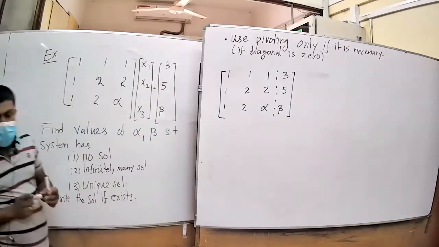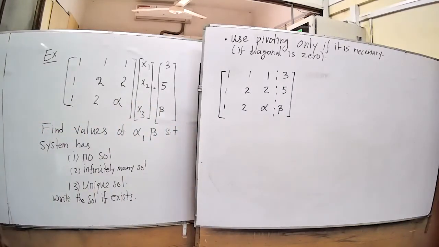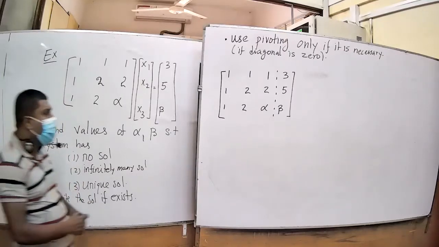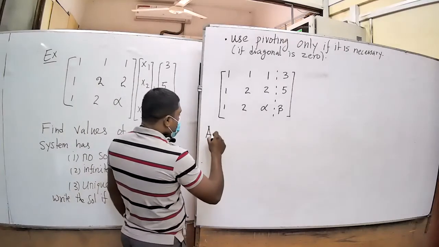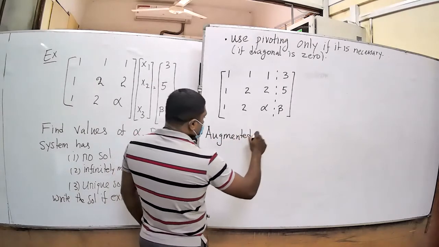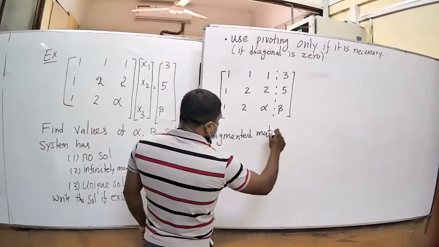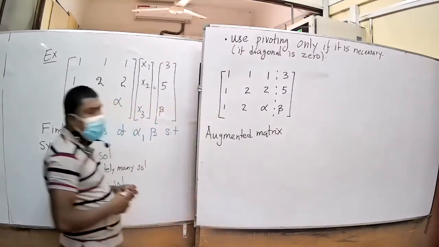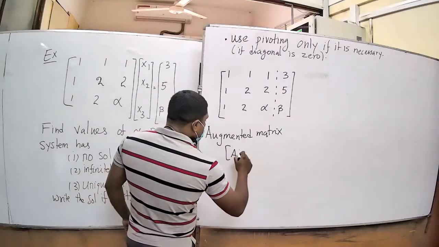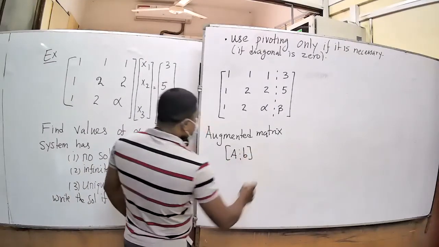Putting the right hand side also inside the matrix and writing it as a matrix is called an augmented matrix. So the augmented matrix is this: you put A here, and then put a dot and put your B here.